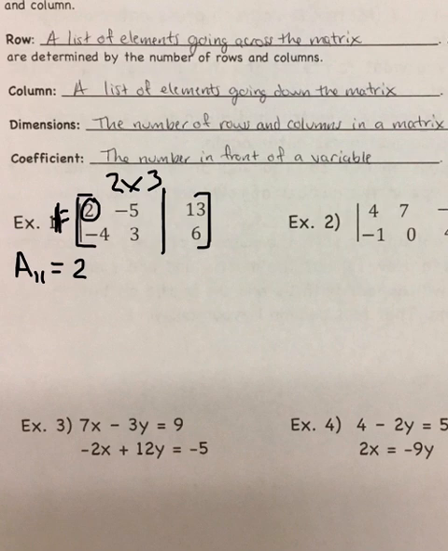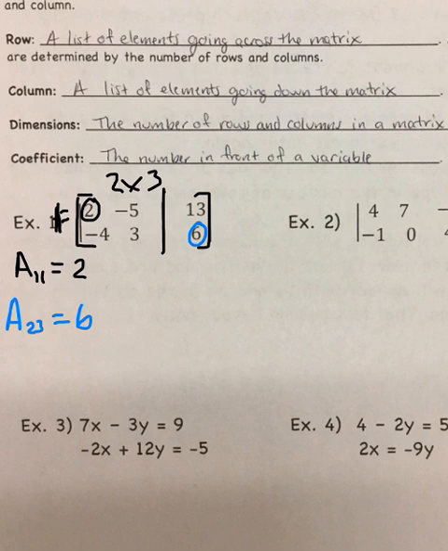If I said in matrix A, give me row 2, column 3, that would be 6. So when it has A followed by 2 numbers, that's the row and column numbers, and that's just asking you to find a specific element.